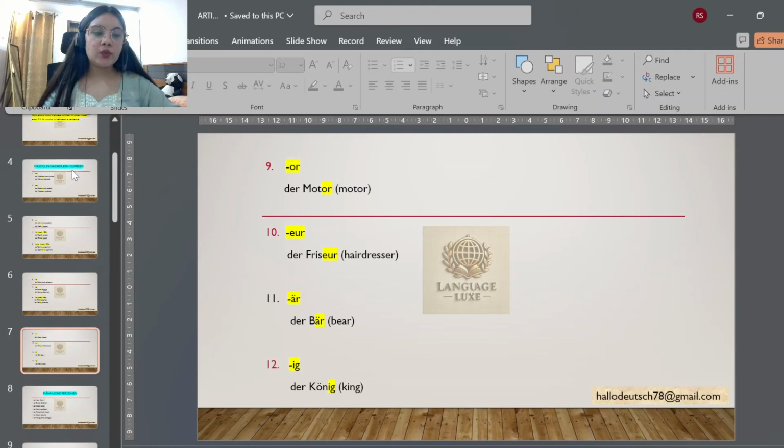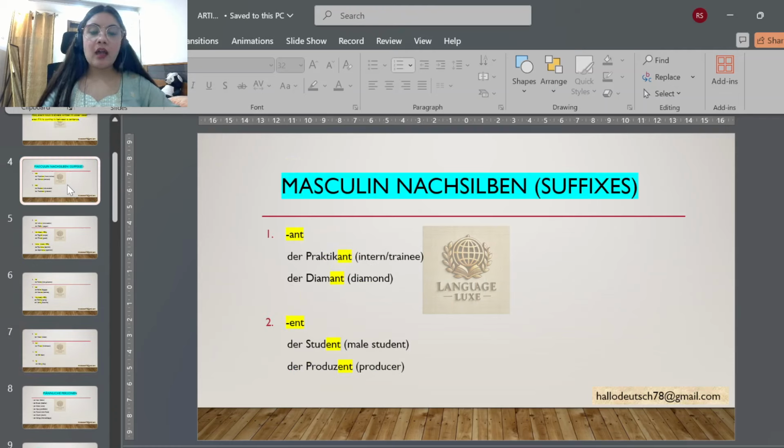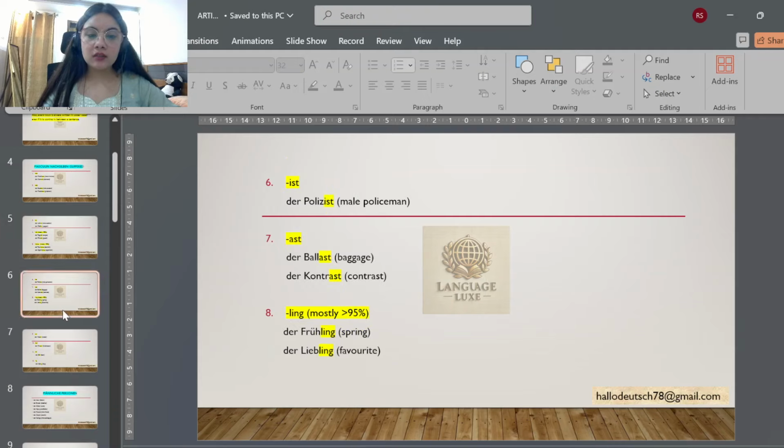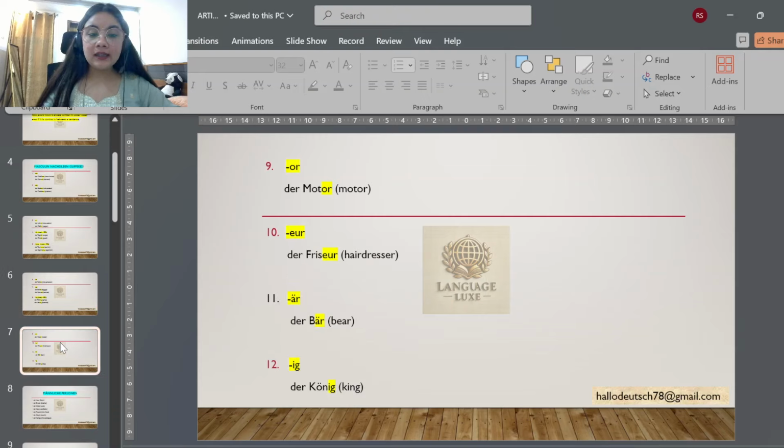So the endings which we did are ant, ent, eur, ich, ismus, ist, ast, ling, or, and a u r, A with umlaut r, and ig.